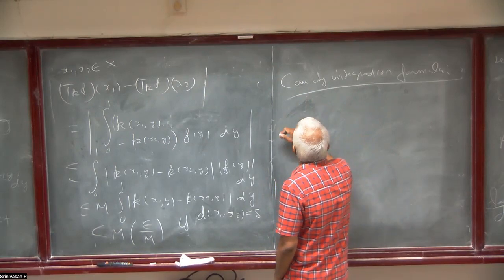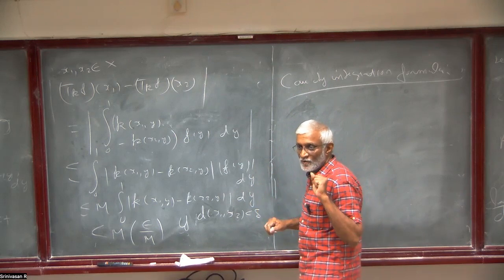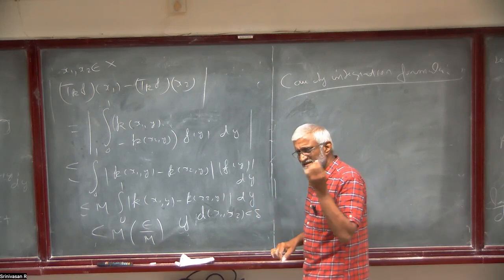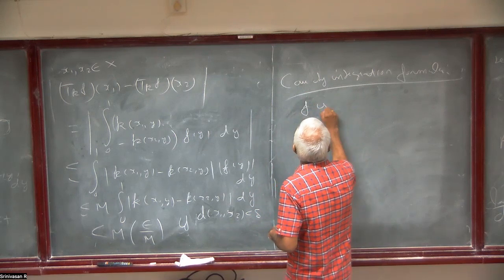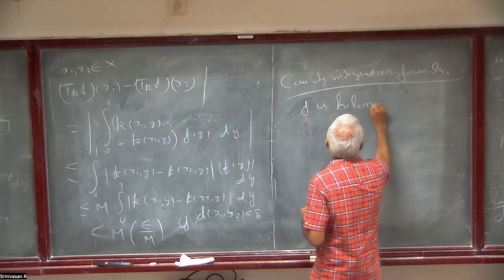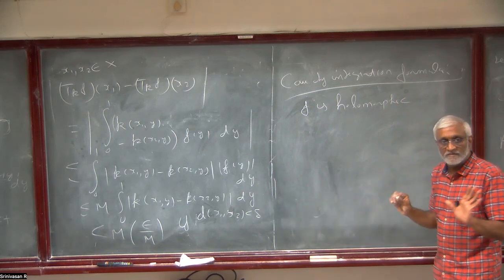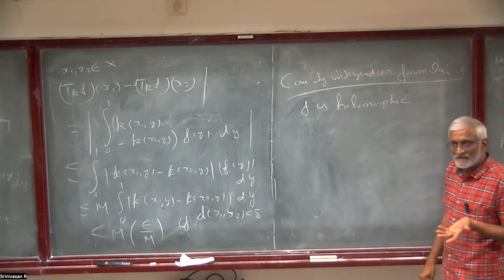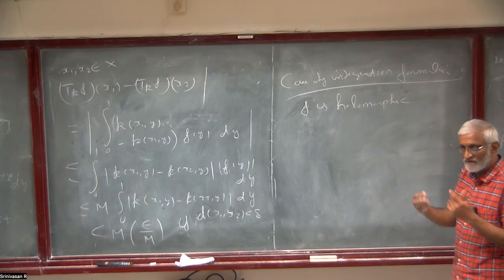F is, so whenever you talk about holomorphism, you have to take an open connected domain. Let us say F is a holomorphic function. Holomorphic means it's infinitely differentiable. Complex functions, if you can differentiate once, you can differentiate infinitely.